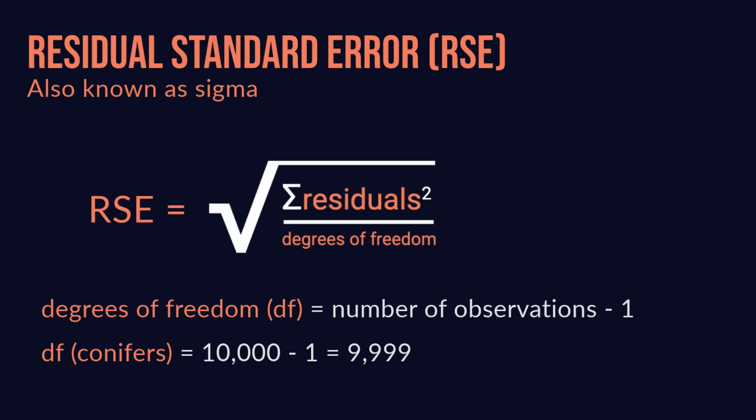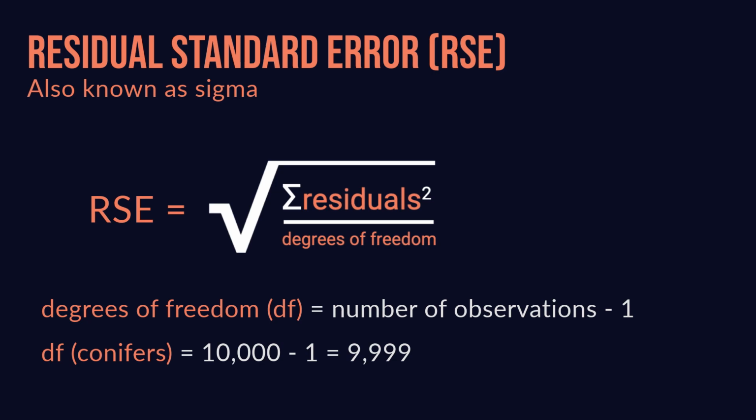The smaller the residual standard error, the closer the data points are to the fitted regression line on average, meaning that the model fits the data well. A higher residual standard error means that the data points are more spread out around the regression line.